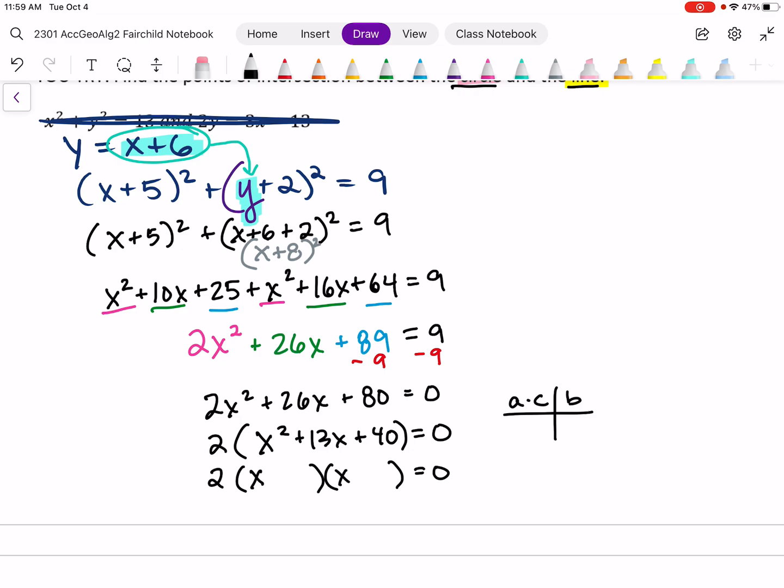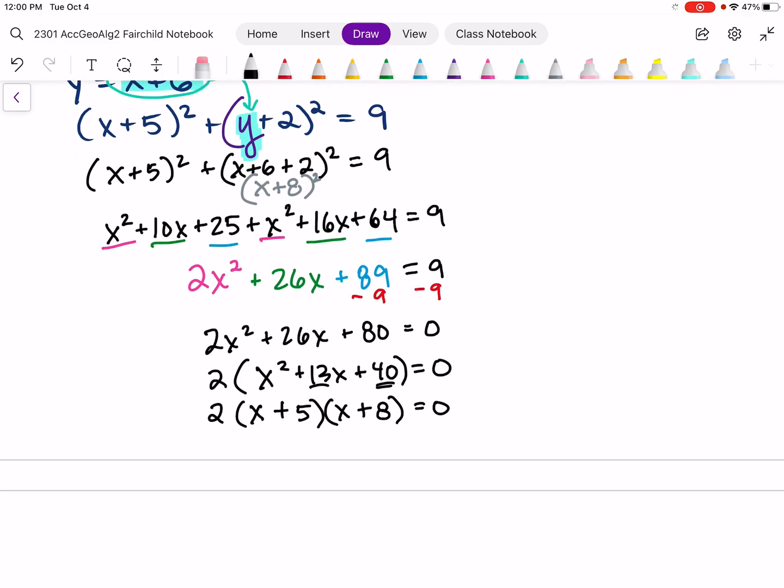There is no A value here, it's just 1. And we know that we need two numbers that multiply to 40 and add up to 13. These are both positive here, plus 13, plus 40. So we know these are going to be positive. So 5 times 8 is 40, and 5 plus 8 is 13. So those are my two factors there.